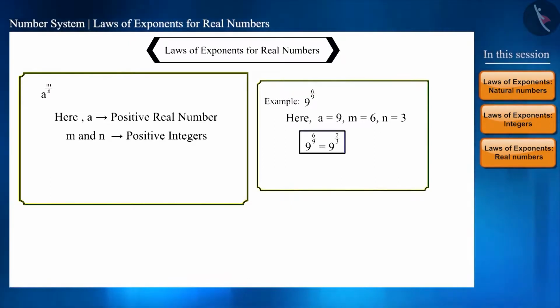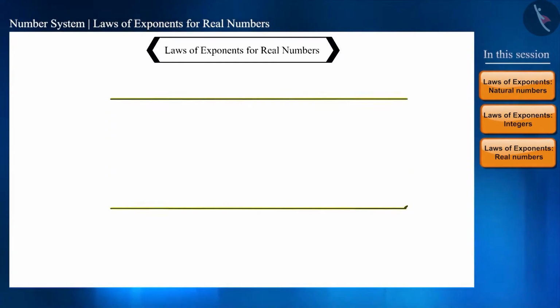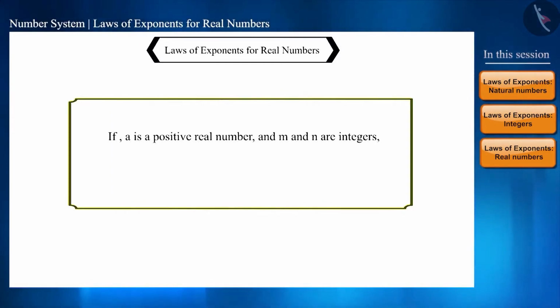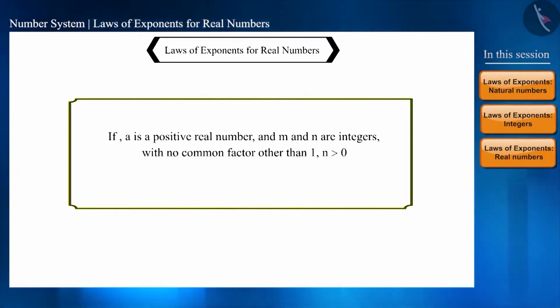Looking at all these facts, we can say that if a is a positive real number and m and n are integers with no common factor other than 1, and if n is greater than 0, then a raised to the power m by n can be written as nth root of a the whole raised to the power m, or nth root of a raised to the power m.